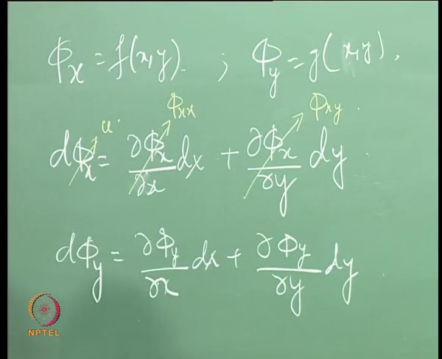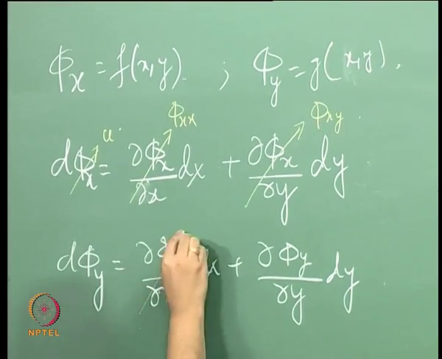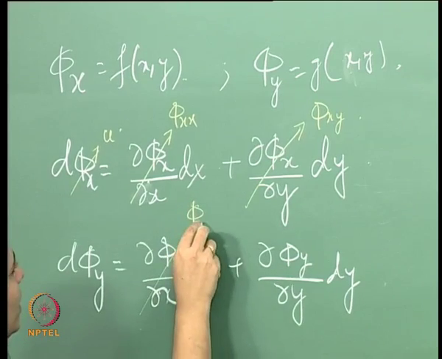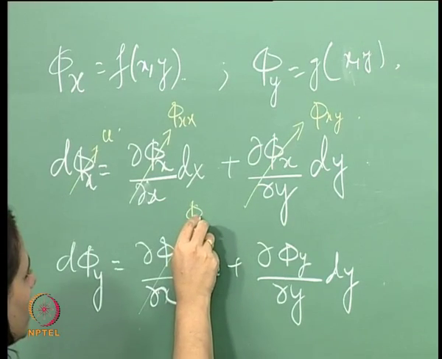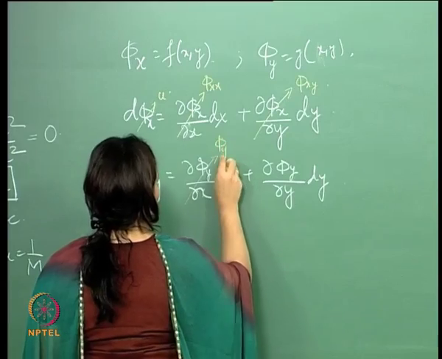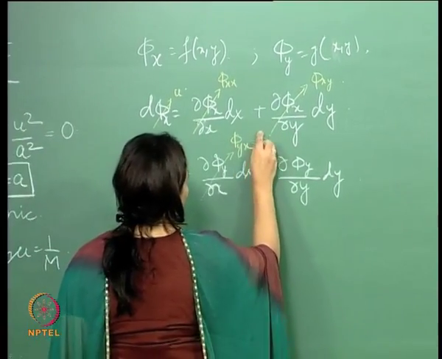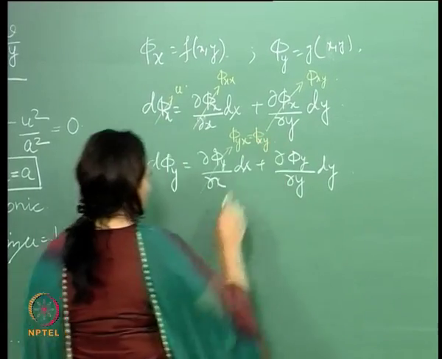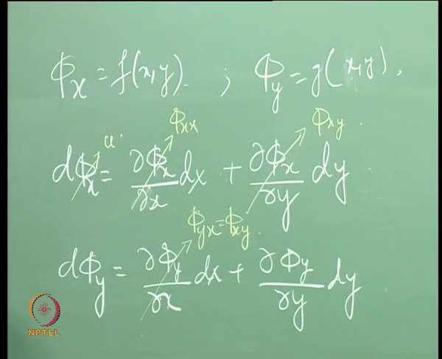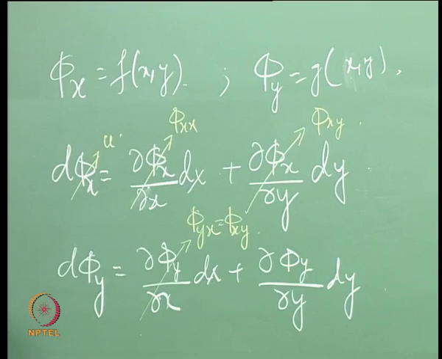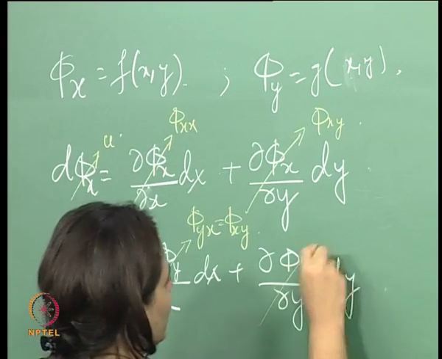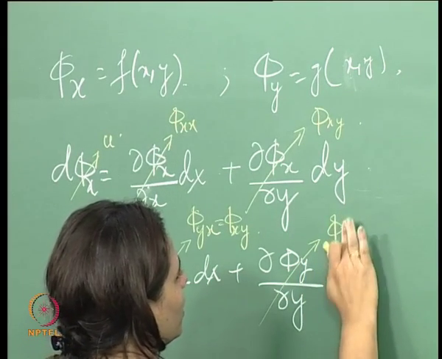Then what we have here is phi yx, which is equal to phi xy. Now that is the potential condition, so just remind yourselves about that. Then this is phi yy.